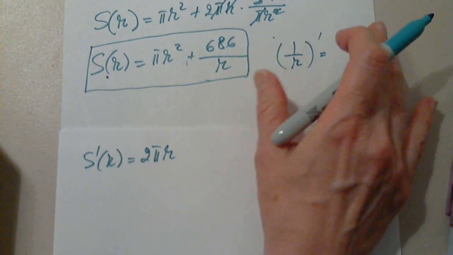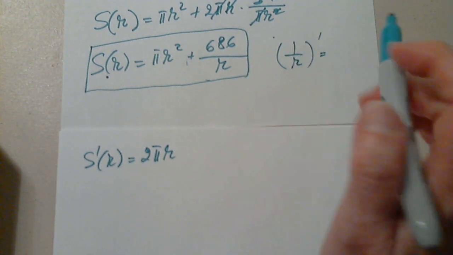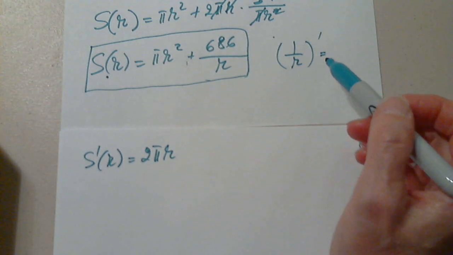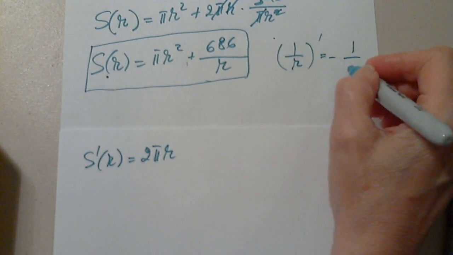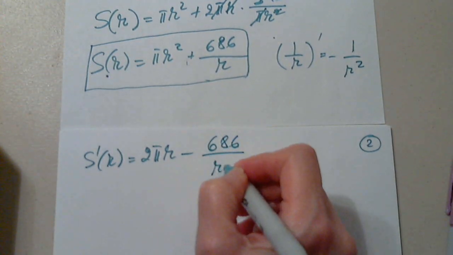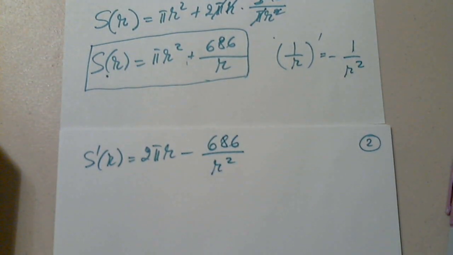We discussed it last time, and we discussed it many times before. When we differentiate 1 over r, what do we get? Minus 686. Yeah. Very good. Excellent. Thank you. Very good.